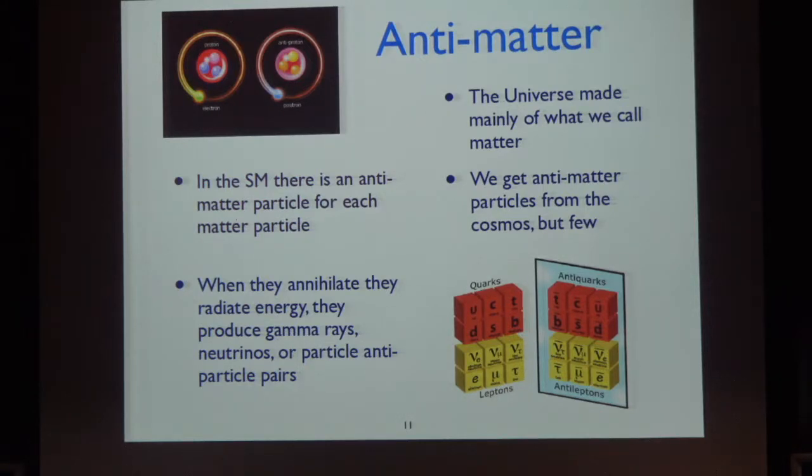But it's really related to matter and antimatter coming together and annihilating, radiating energy, yes? We get some antimatter particles from the cosmos, but just a few. We can create them in the lab. But again, the universe we know and see is made mainly of matter, and again, it's not possible to explain this just within the standard model.